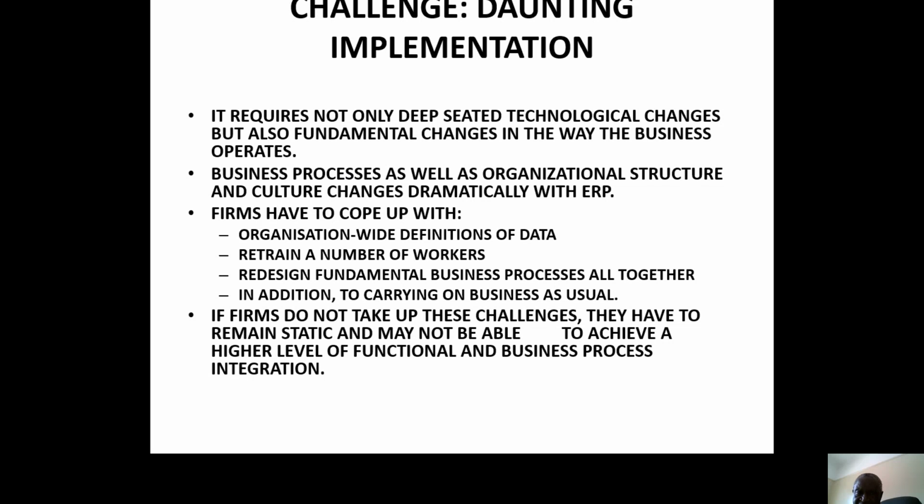That's not easy. Retrain a number of workers. How many workers know the system? If they know the system, at times they are marketable and they move away. Redesigning business processes is not easy, and it also requires people who have the knowledge to do it. So that becomes a challenge.